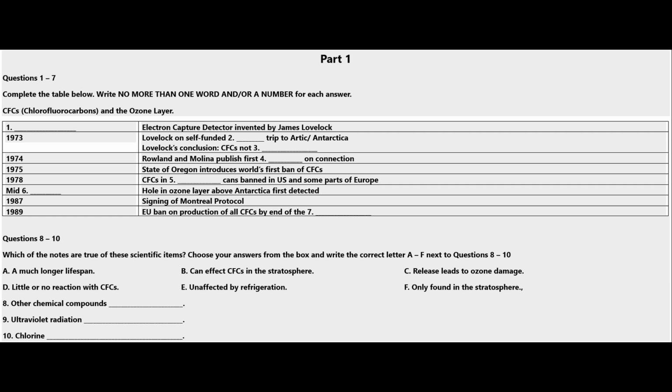The test is in 4 parts: Part 1, Part 2, Part 3, and Part 4. Now look at Part 1. Part 1. You'll hear a lecturer talking to students about the ozone layer and CFCs.